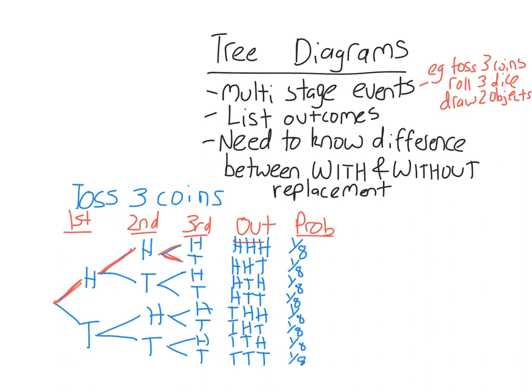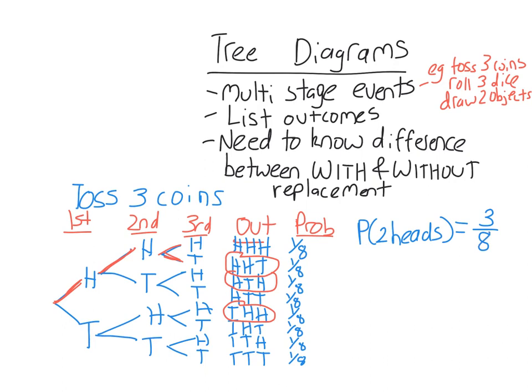So if I toss 3 coins, what would be the probability that I get 2 heads? All I need to do is look at the outcomes where there are 2 heads. So this one has 2 heads, this one has 2 heads, and this one has 2 heads. There are 8 outcomes in total. There are 3 ways that I can get 2 heads.